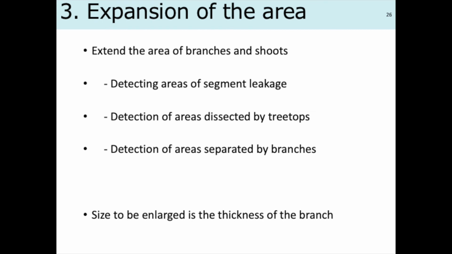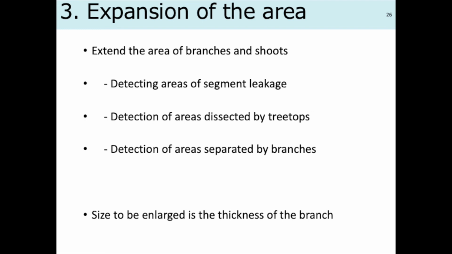Expand the area of branches and shoots and connect the interrupted area. In this idea, the size to be expanded is the thickness of the branches. We paint the pixels orange if the enlarged pixel is yellow, to detect areas separated by shoots.